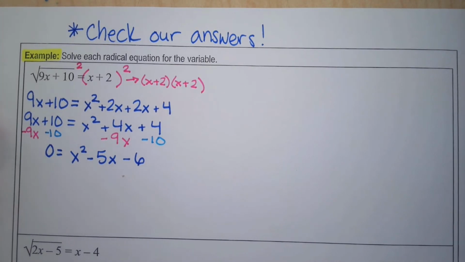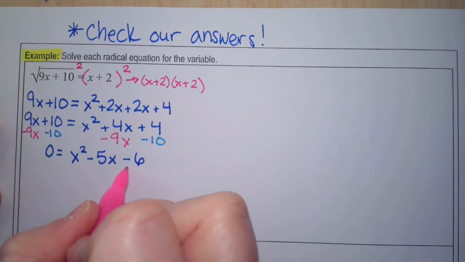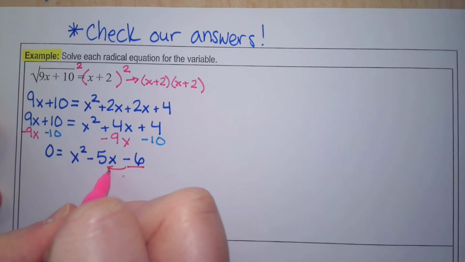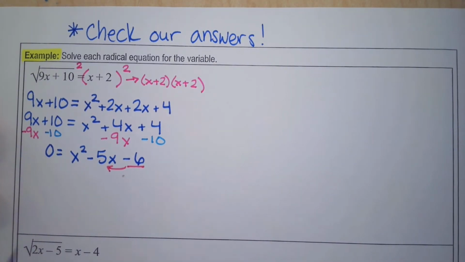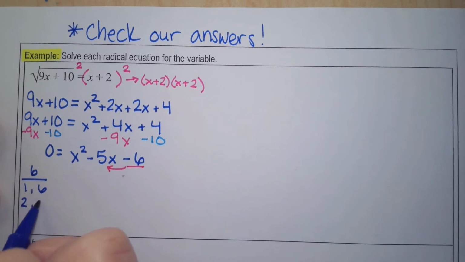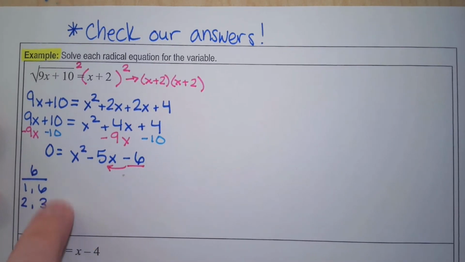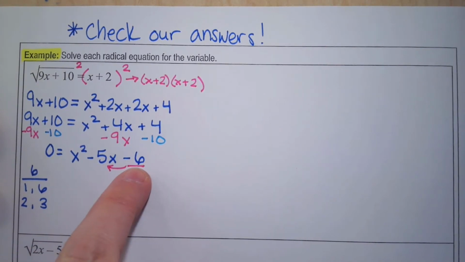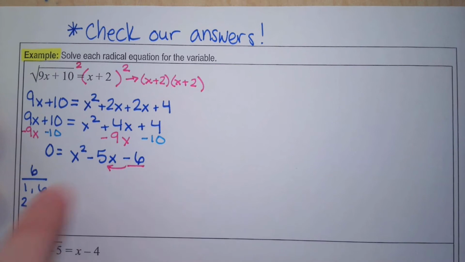So we need factors of c that give us b. So we have 6, 1 and 6, 2 and 3. Now both of these give us 5, but we need to look at the situation. Since our c value is negative, only one number out of the pair will be a negative.